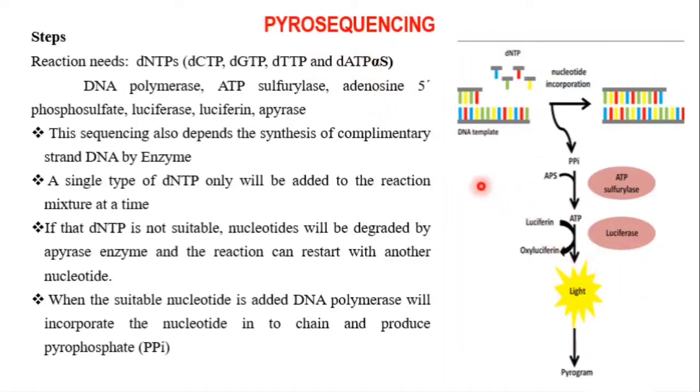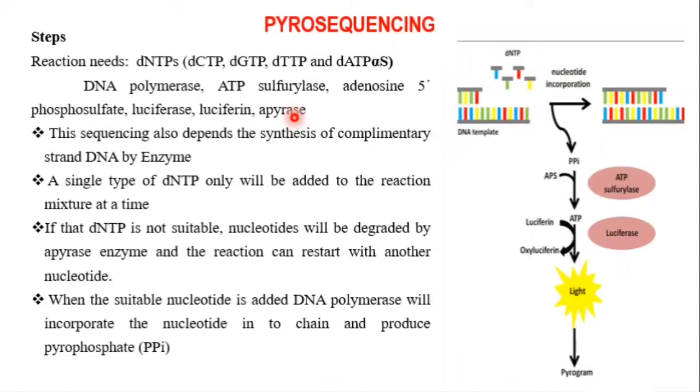To avoid that noise, we use dATP alpha S, a modified adenosine triphosphate, which will be used for the synthesis of DNA. DNA polymerase, ATP sulfurylase, adenosine 5' phosphosulfate, luciferase, luciferin, and apyrase enzymes will be used.